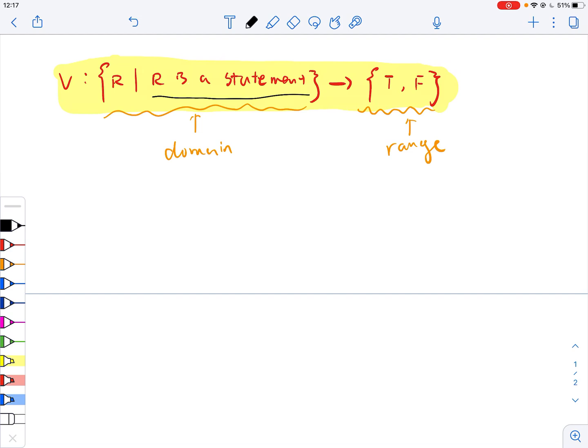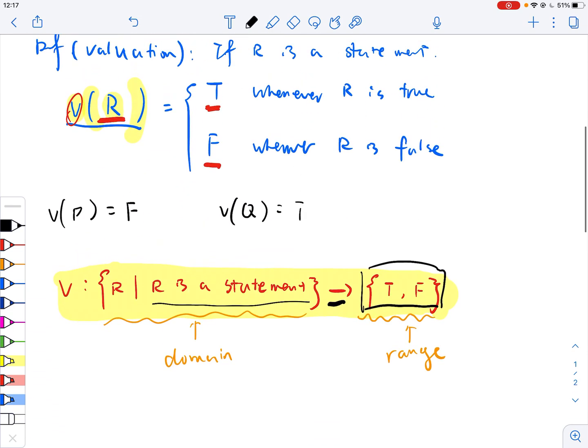Therefore, any statement, say phi, must be in the domain of V. Then we are mapping that statement, phi, to our range, which is phi's truth value, which means that if phi is true, then its truth value is going to be T, and if phi is false, then the truth value is going to be F. So it is a function whose domain is all the statements, and whose range is the set containing letters T and F, which are the only two possible truth values of statements.